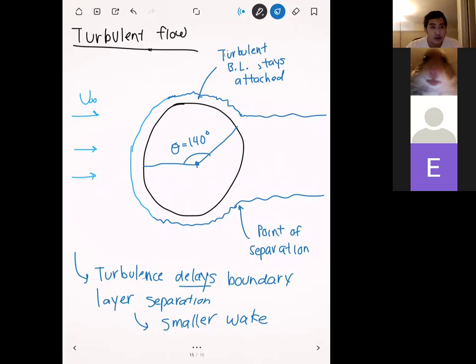Because for vehicles that are driving through flow, whether it be water or air, you want to minimize this wake region as much as possible. Because the less wake that you have, the less drag you're going to have as well. And less drag means that your engine is going to be more efficient, and you generally go faster, which is usually what you want to do in these kinds of vehicles.